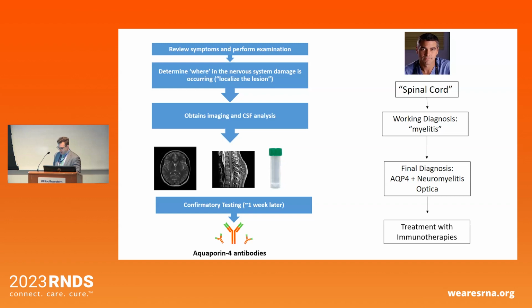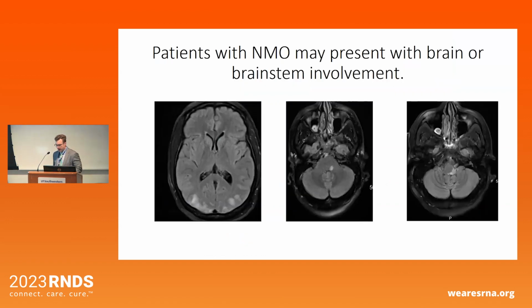Now, we talk about NMO again as an optic nerve and spinal cord disease, but this is a disease that can hit the brain, and this is often a step where people are not diagnosed in a timely fashion. We've seen people have multiple relapses before somebody finally realizes that they need to test for an Aquaporin 4 antibody.